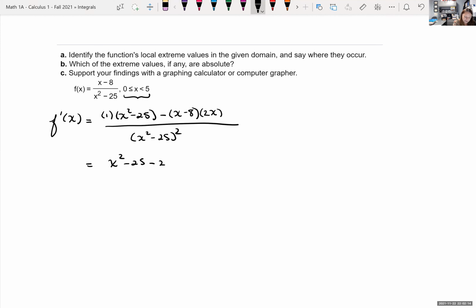So we get negative 2x squared, and that's going to be a positive 16x, all over x squared minus 25 quantity squared. So x squared minus 2x squared, that is negative x squared plus 16x minus 25.